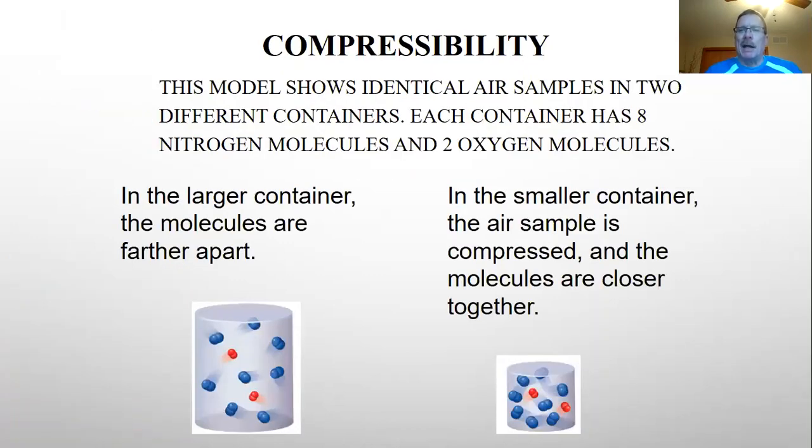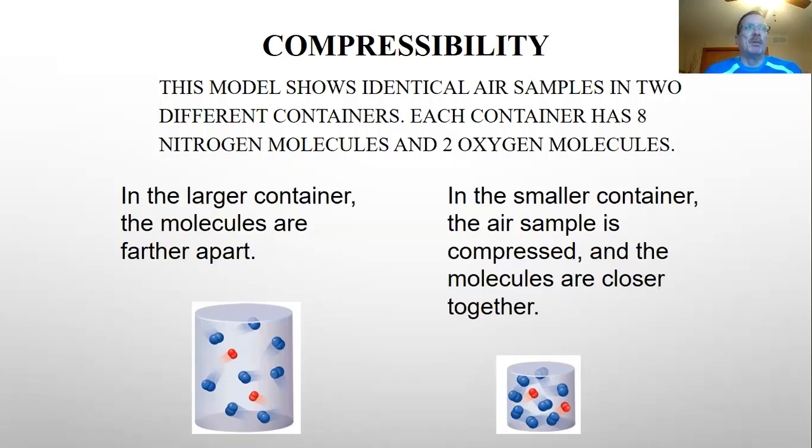Let's talk about that compressibility. You have two samples that you see below. Each has 8 nitrogen molecules and 2 oxygen, oxygen in red and the nitrogen in blue. The bigger the container, the farther the molecules are apart, because that is a property of gas.